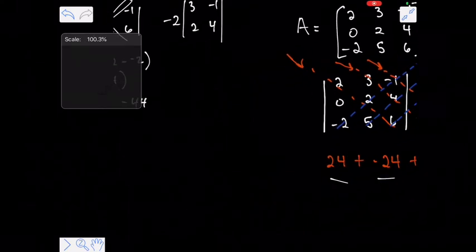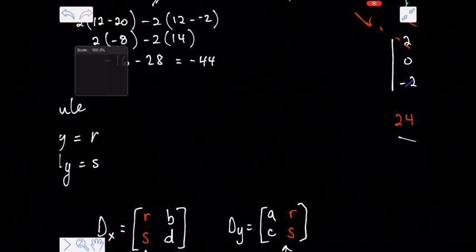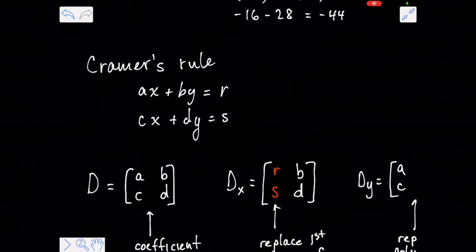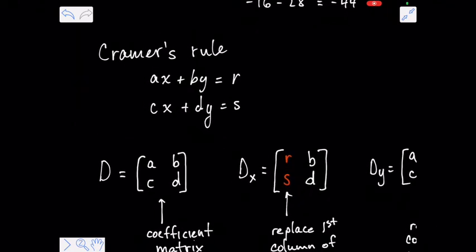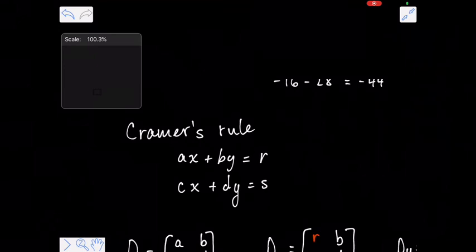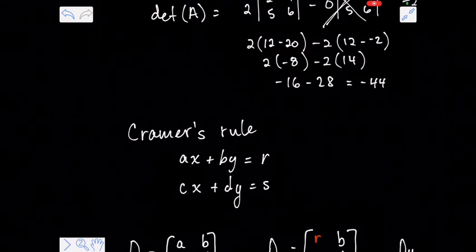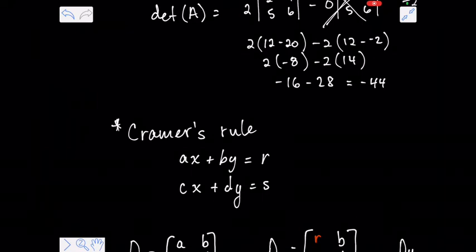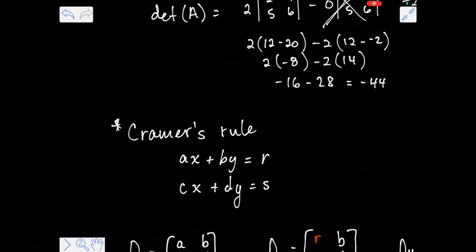Okay. Last part of the lesson. Cramer's rule can be used to solve a system of equations, and it's a method that uses determinants. So you can see there I've got a system of linear equations in two variables.